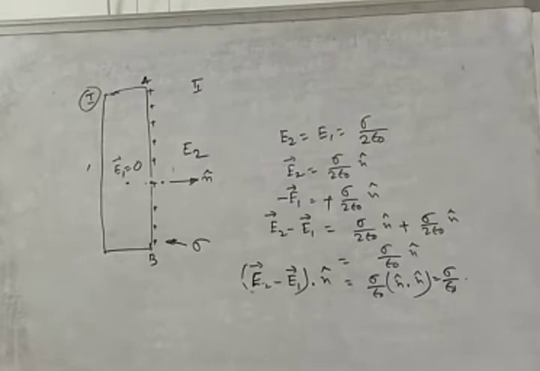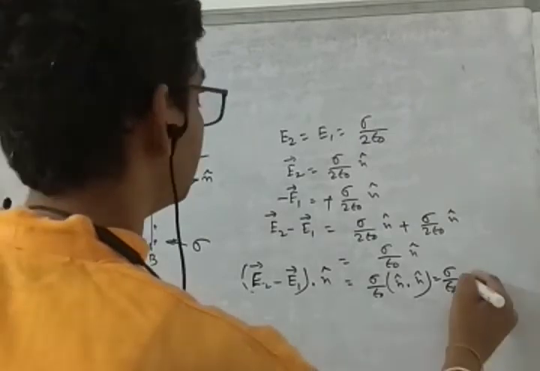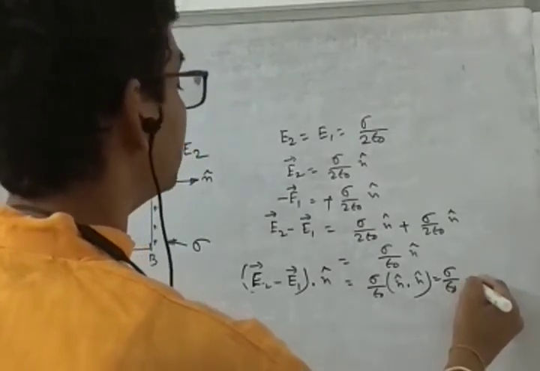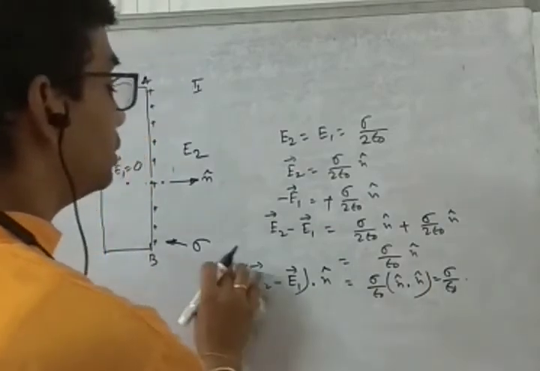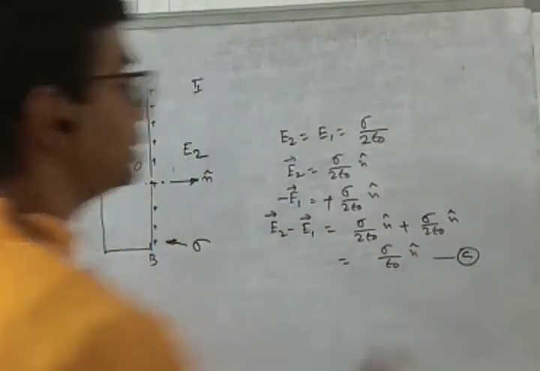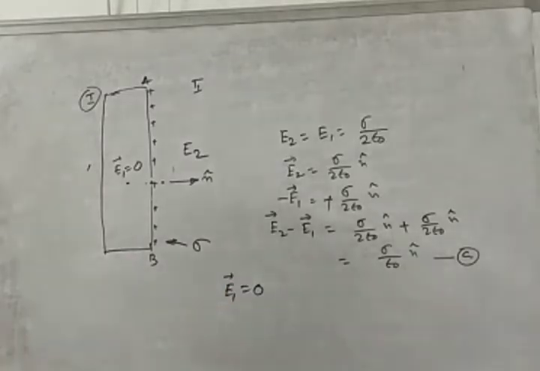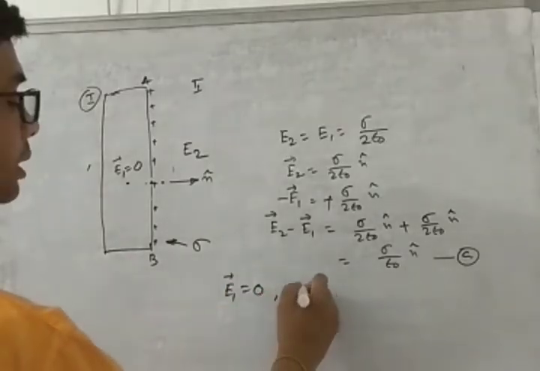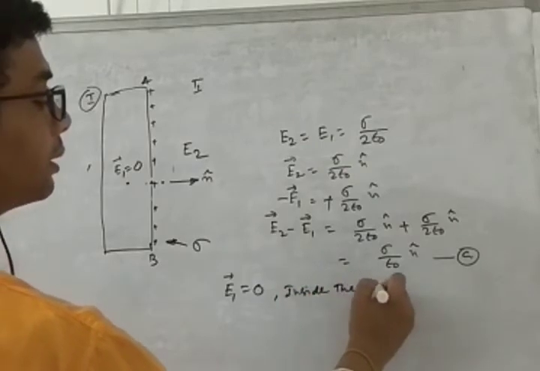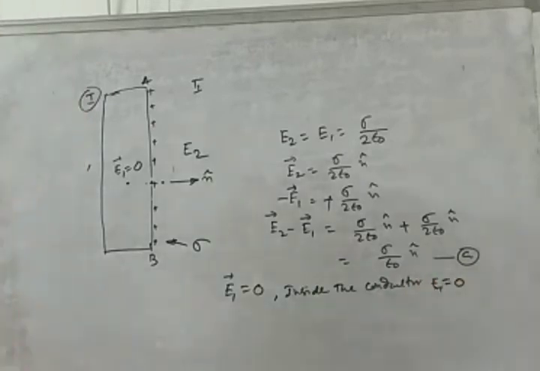Putting in this value into this equation, E1 is equal to 0. Why? Because inside the conductor E1 is equal to 0. Since E1 is equal to 0, that's why the E1 vector is equal to 0.